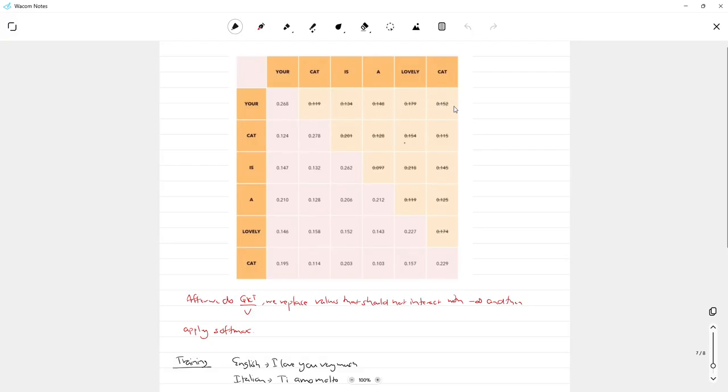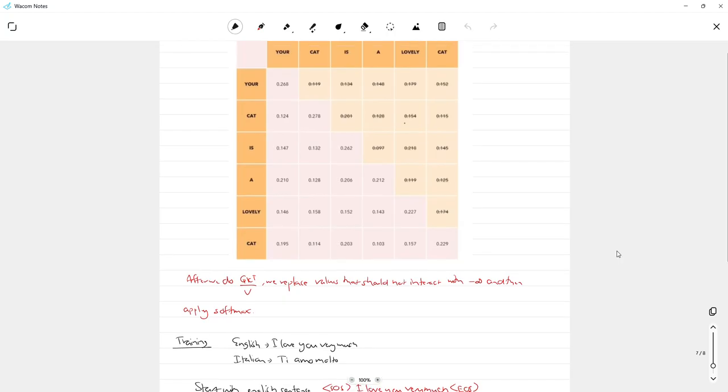So minus infinity here, minus infinity here, minus infinity here, minus infinity here. And then we apply softmax. So when softmax is applied to the row containing these minus infinity values, the exponential of minus infinity is essentially 0. So this forces the attention weights for all the future positions to become 0.